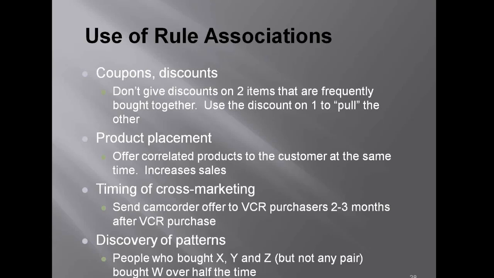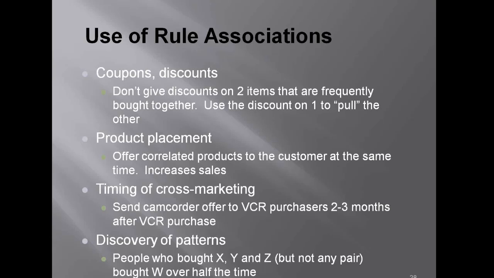Product placement. We can offer correlated products to the customers at the same time to increase sales, right? If you ever see an ad, a store flyer, saving sales of the week, they'll have a package, right? Why would they do that package?